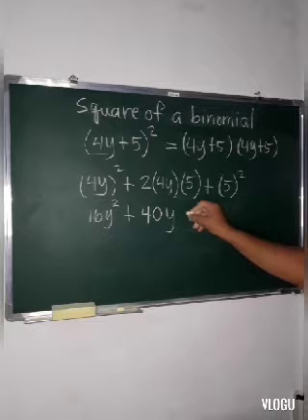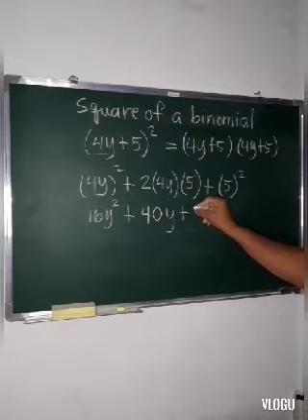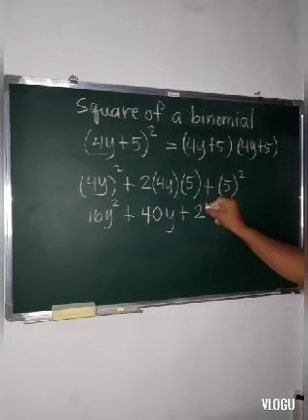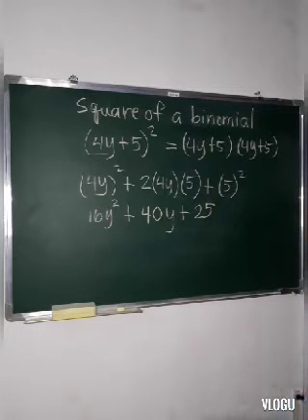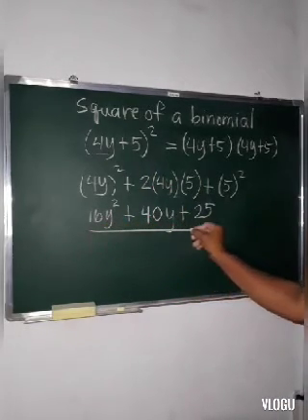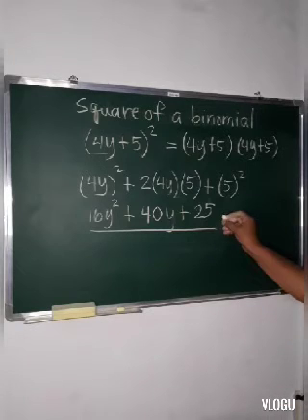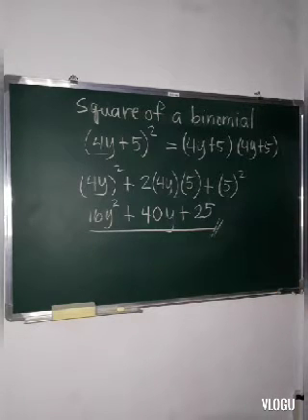Next, positive plus 5 squared is 25. Meaning 5 times 5 is 25. Therefore, the square of 4y plus 5 is equal to 16y squared plus 40y plus 25. Madali lang, di ba? Okay, so easy.